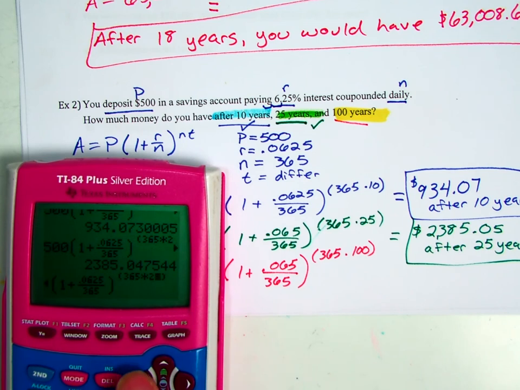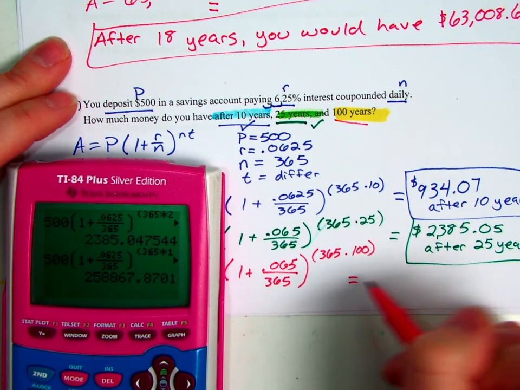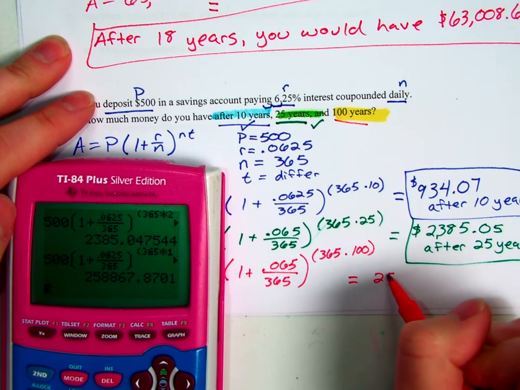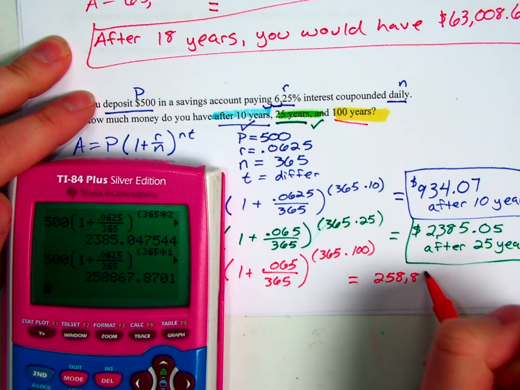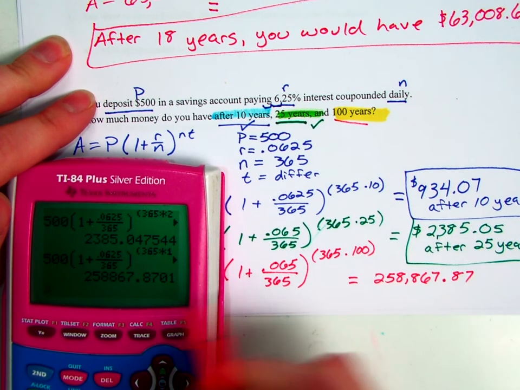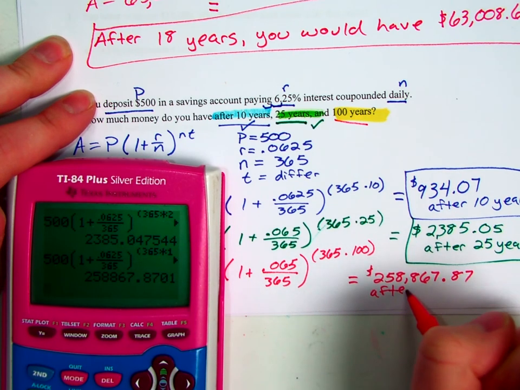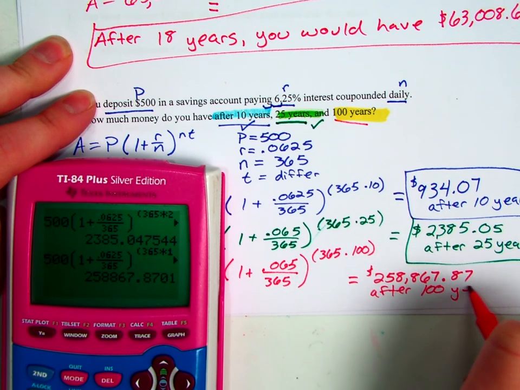And now I'm going to change 25 to 100 and make sure I close that parenthesis. And we would get $258,867.87 because the 0 makes the 7 stay a 7 after 100 years.